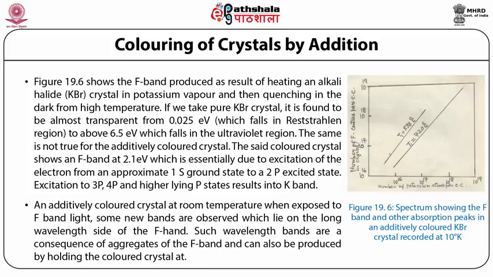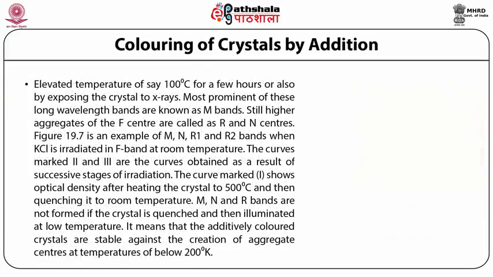Such bands are a consequence of aggregates of F centers and can also be produced by holding the colored crystal at an elevated temperature of, say, 100 degrees centigrade for a few hours, or by exposing the crystal to X-rays. The most prominent of these long wavelength bands are known as M bands.